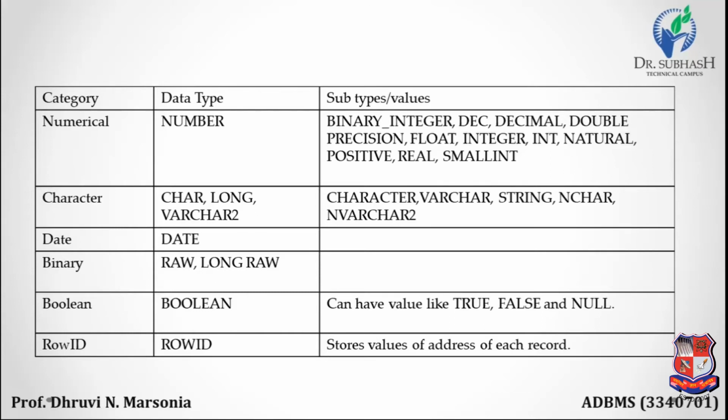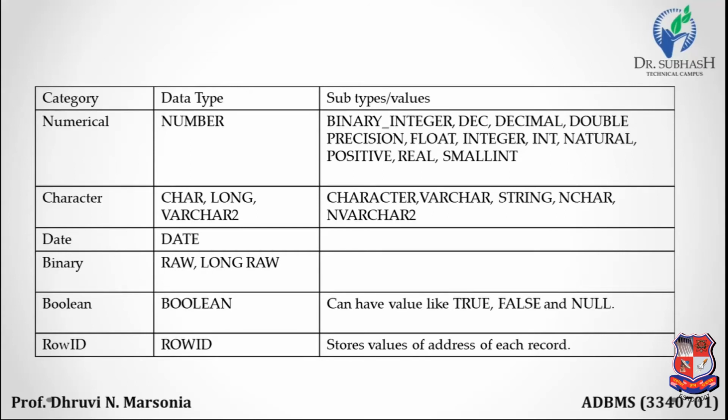Second is character. The data type is char or long, varchar2. Generally we use varchar2 in each and every SQL statement. The sub data types supported by PLSQL are character, varchar, string, n character and nvarchar2.